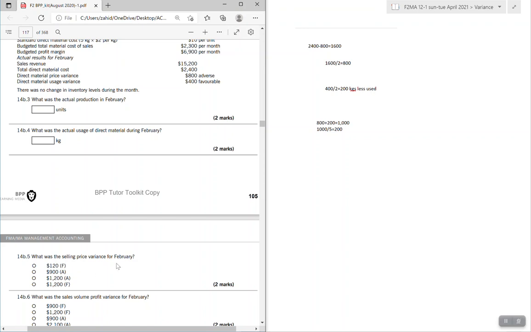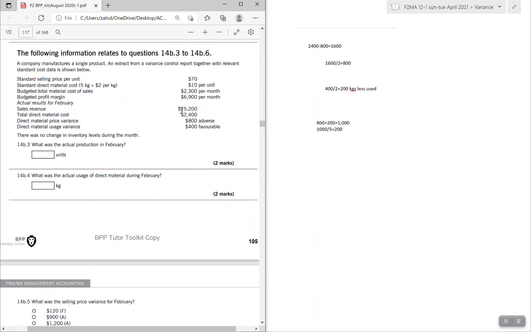What was the sales price variance for February? We have sales revenue of 15,200, but they didn't tell us how many units we sold. Because 200 units were produced, we would assume that 200 were sold, because they said there was no inventory.